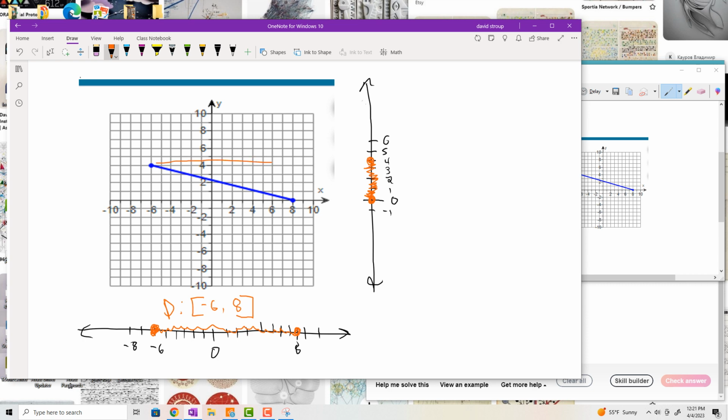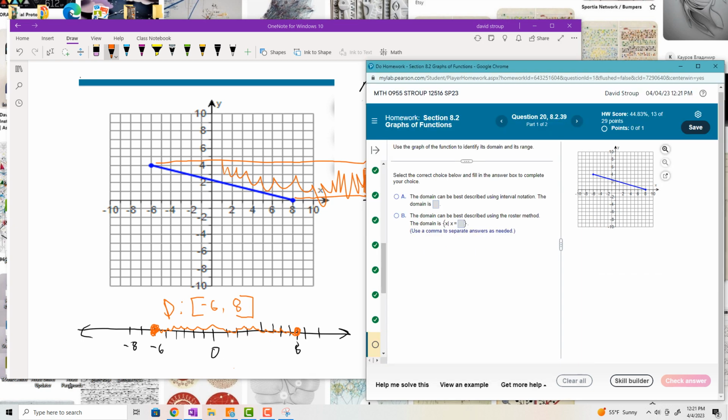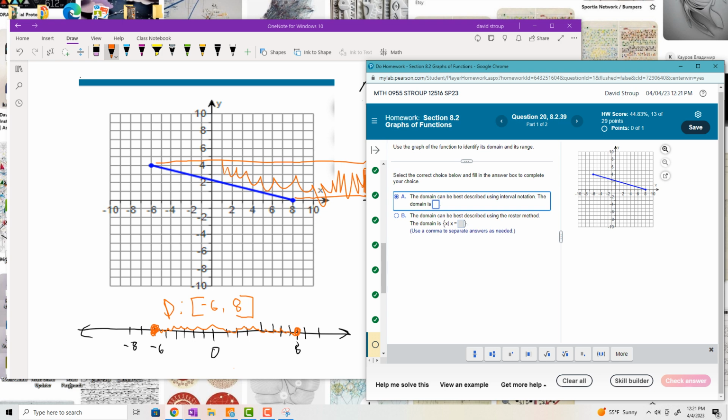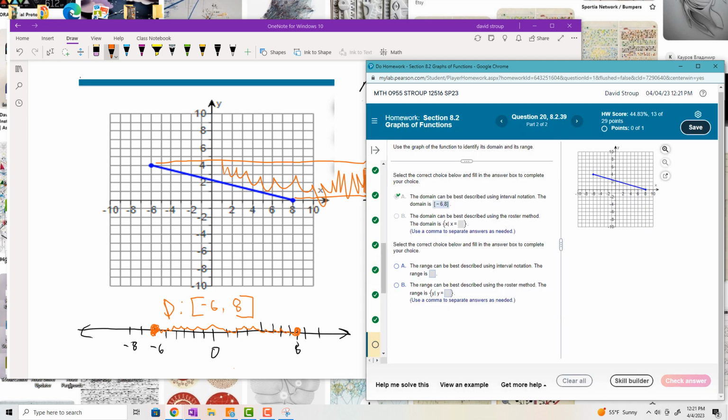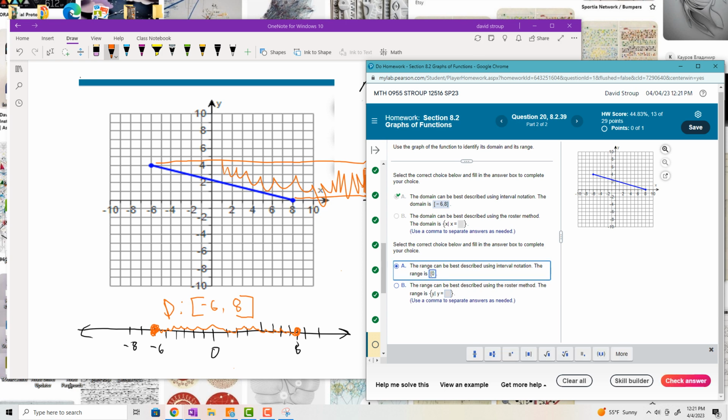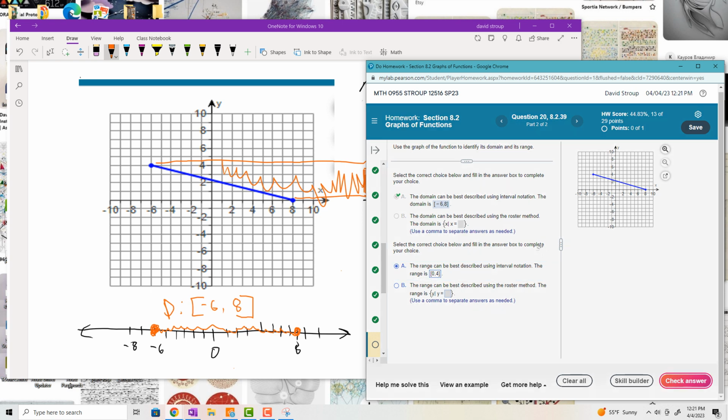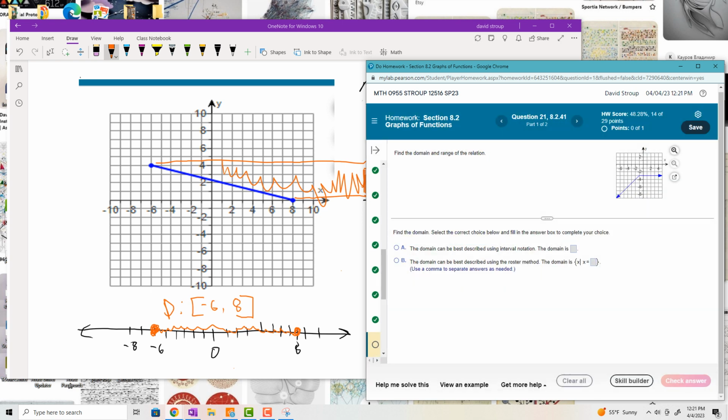So again, it's basically the shadow onto that number line there to give you the range. So the range in that case would be including 0 all the way up to 4. Okay. So square bracket -6 all the way up to 8, square bracket. And then the range, square bracket 0 all the way up to 4, square bracket.